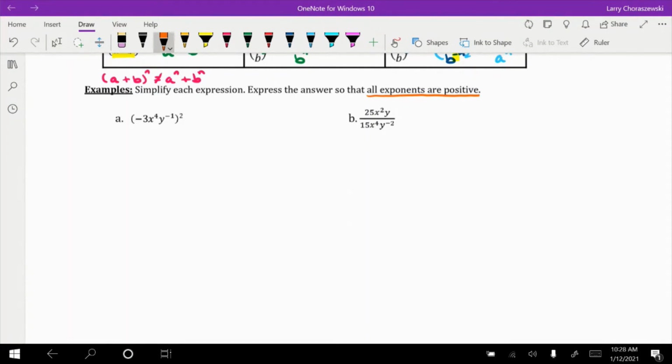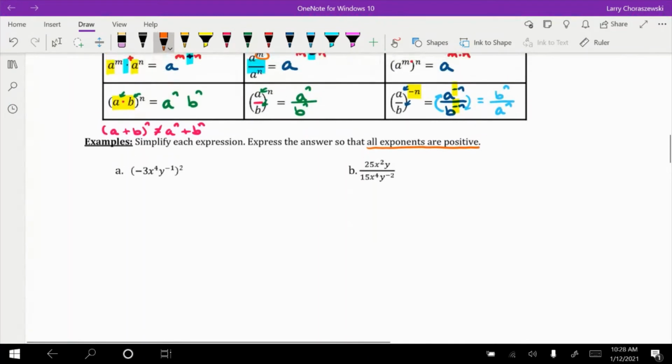We've got the expression negative 3x to the fourth y to the negative 1 quantity squared. And the property that we're going to use to start us out is the first box in the last row, where it says anytime you have multiplication going on and it's all being raised to a power, each factor gets the power that you're raising the expression to.